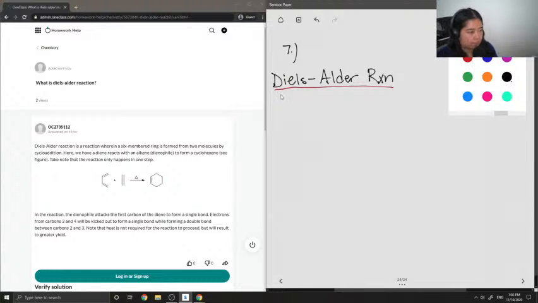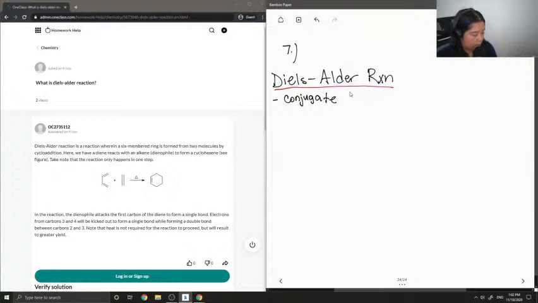So, the Diels-Alder reaction is basically the conjugate addition reaction of a conjugated diene.